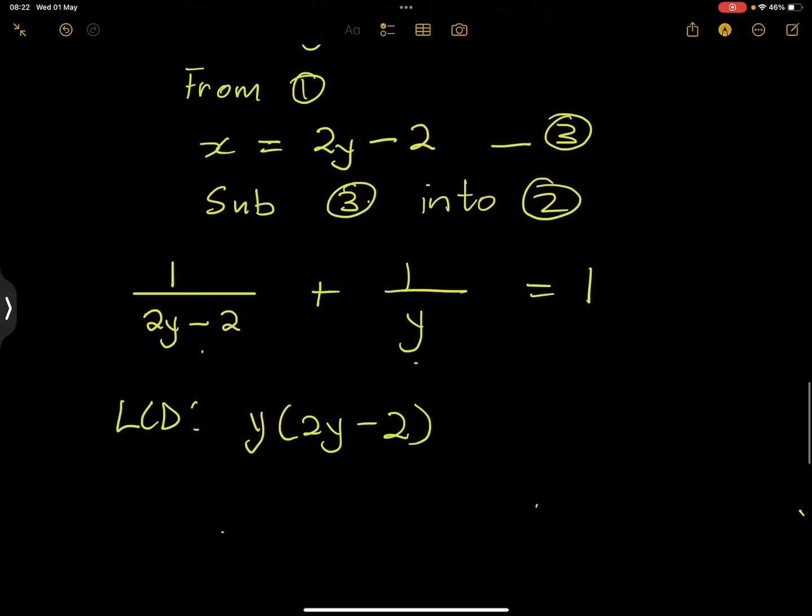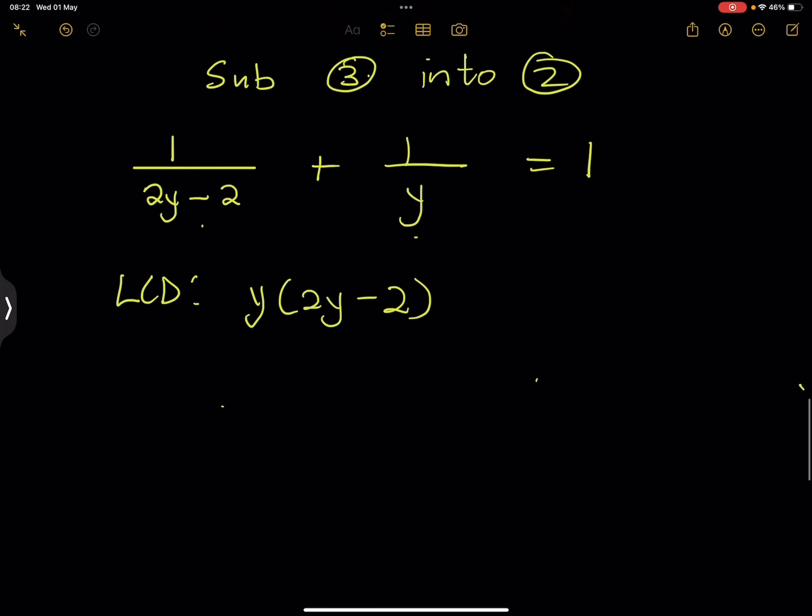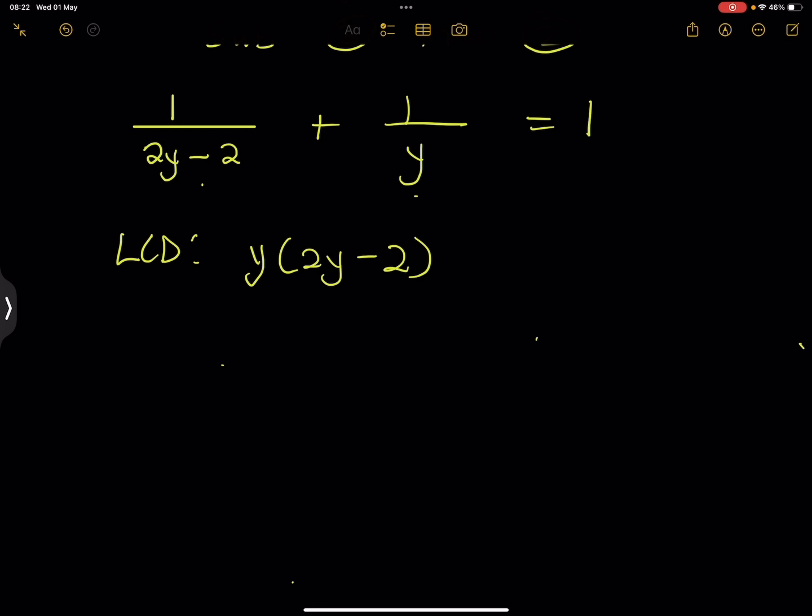So I'm going to multiply every term by the LCD. For the first term, I'm going to say y times 2y minus 2, my LCD, multiplied by 1 over 2y minus 2. Let's just write it a bit nicer.